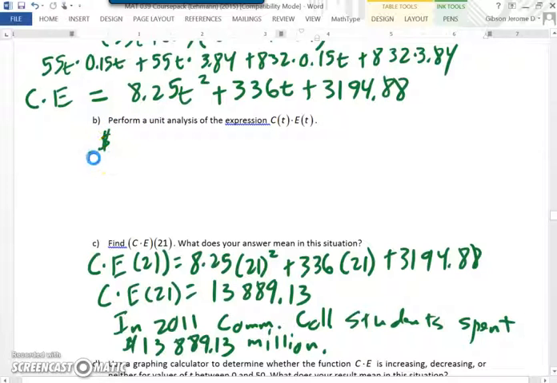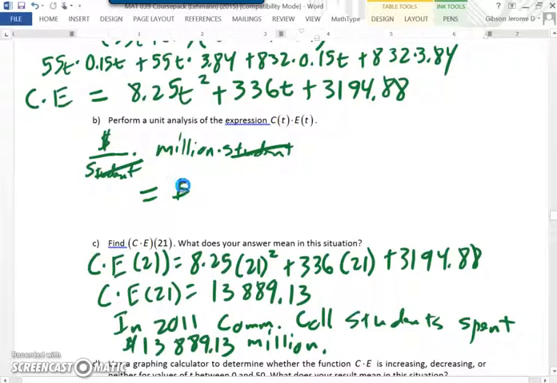This is dollars per student times million and also student. And we know million is actually dollars. So student will simplify out with student, so it'll be millions of dollars. That's basically the unit analysis of B.